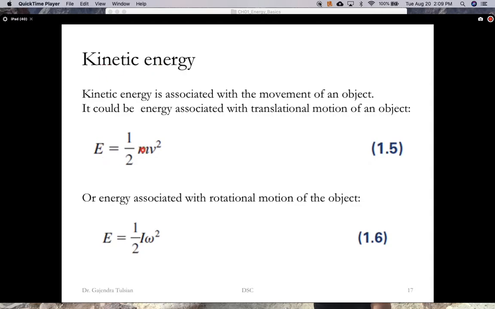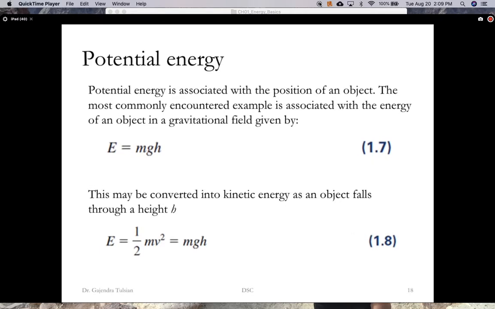So if your car is moving at velocity v, the kinetic energy of your car is 1/2 times the mass of the car times its speed squared. If an object is rotating, then that object also has kinetic energy. Its kinetic energy is 1/2 times something called the moment of inertia times its angular velocity squared. Okay. So anyway, kinetic energy is energy in the motion of an object.